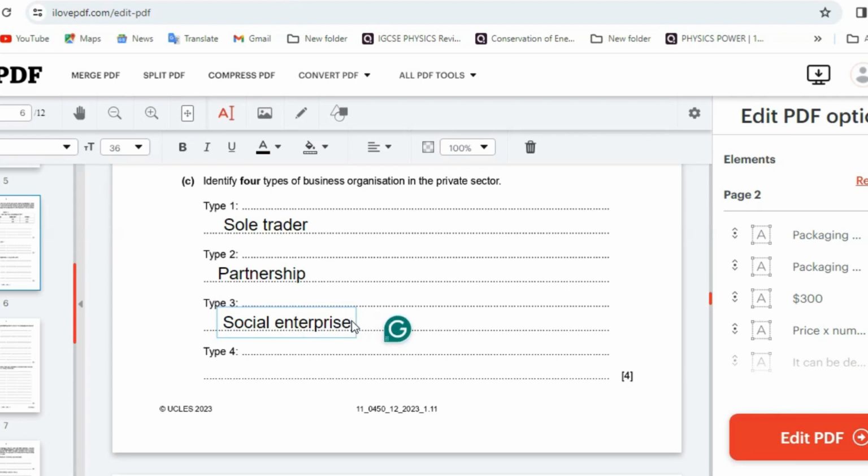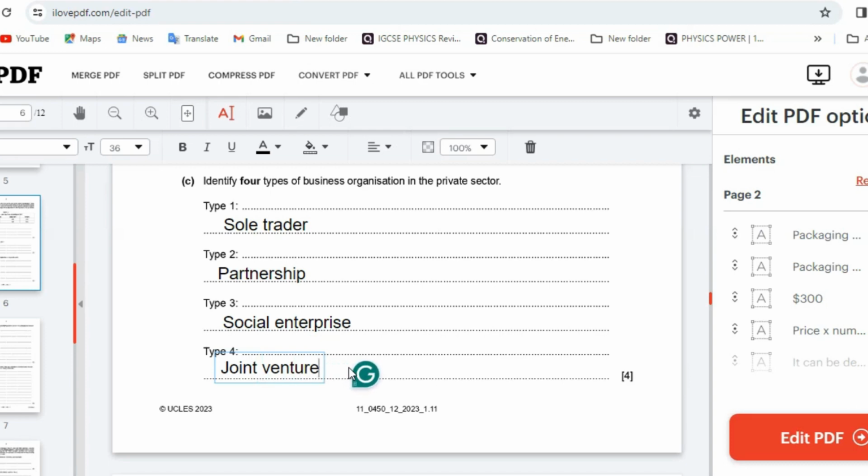Another one is what? We also have joint ventures, also classified under private sector. Now we've mentioned 4, we also have private limited company and public limited company. Now we have identified those 4.